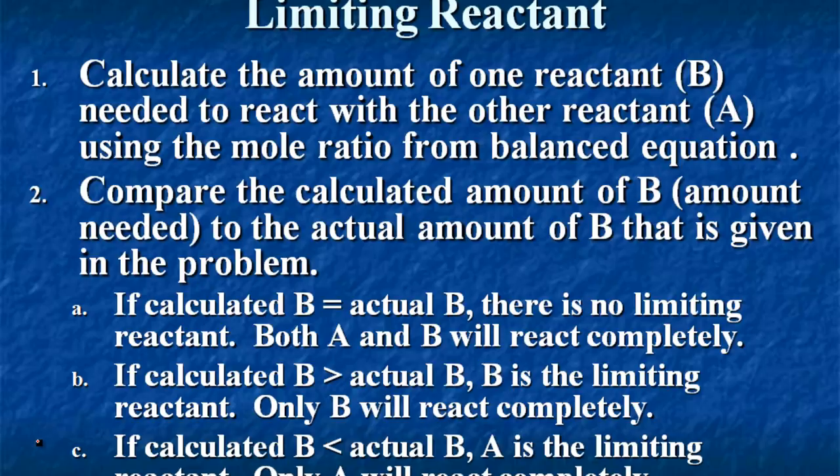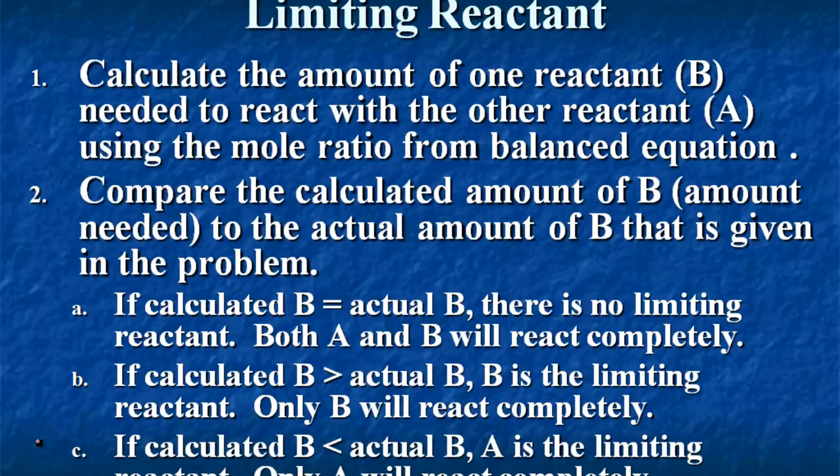Then only you can start doing the problem. And then compare the amount of B which you just calculated with the amount given. Then there are 3 cases. If the calculated amount is exactly the same as what is given, then there is no limiting reactant. It will react completely.